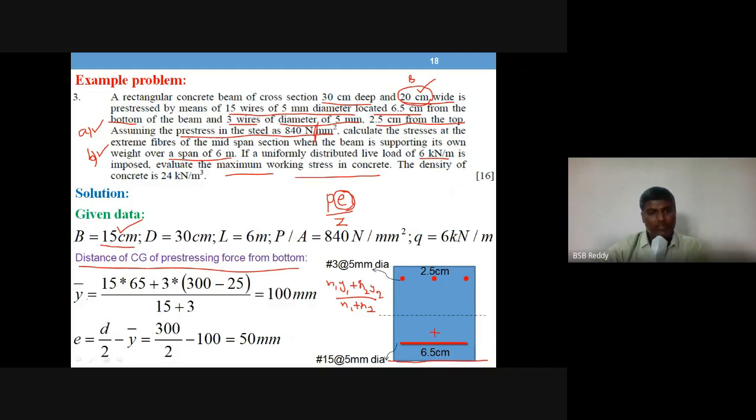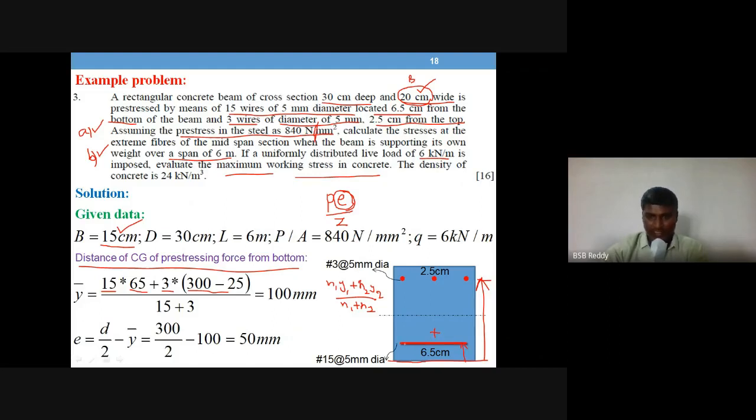So y bar is equal to, now N1 means bottom wires number, 15 numbers. 65 mm is the Y1 distance. N2 top bars number 3 and y2 from reference line. Okay, so this is y1, this is y2.